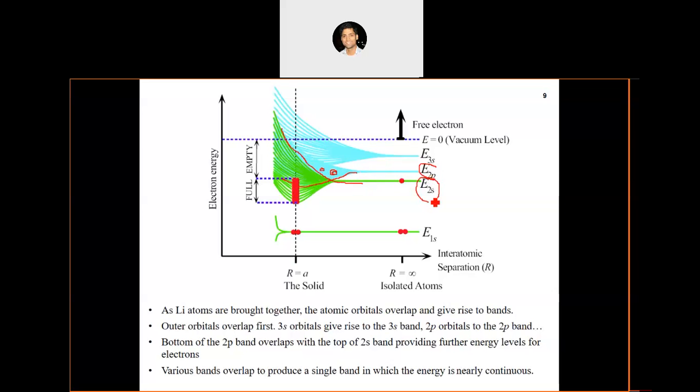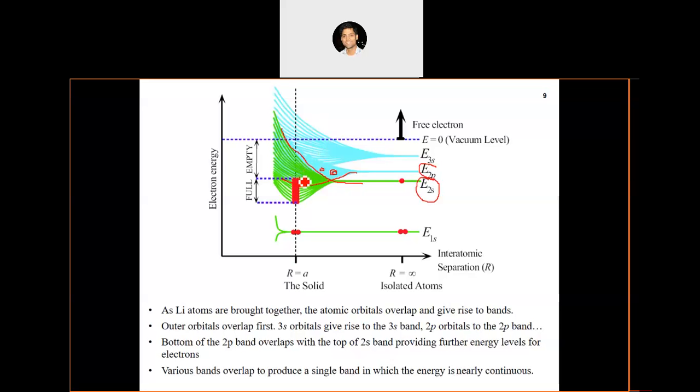So there is a certain overlap of the two bands. That also means that there is no energy gap between the two different bands. If one electron wants to go from the 2s to the 2p band, it does not have to jump a long distance.